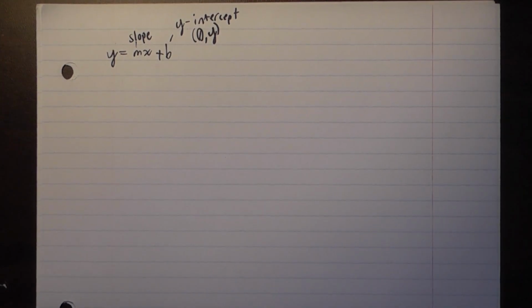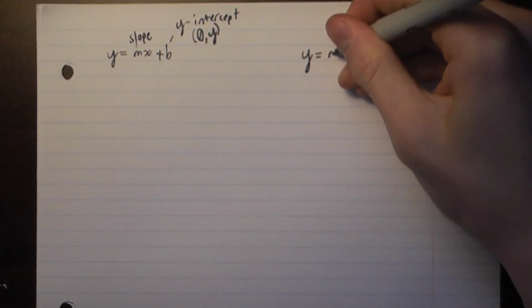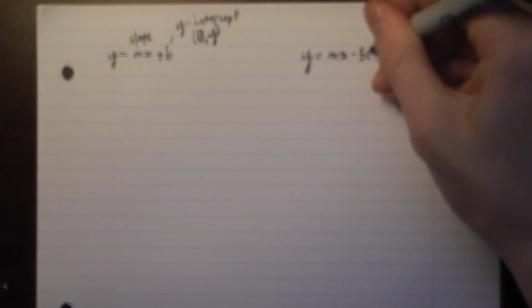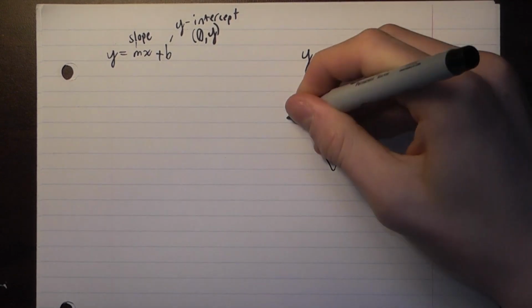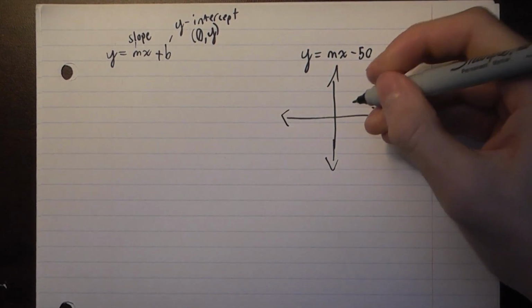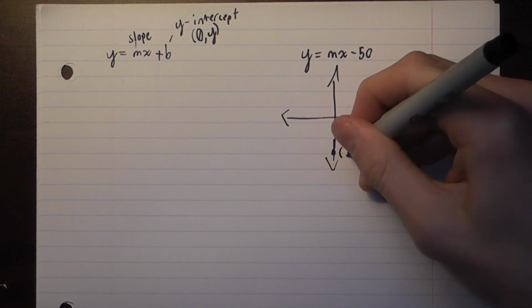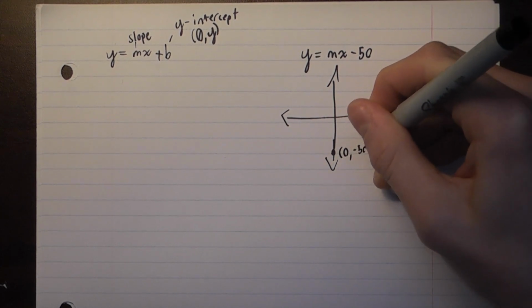The equation the question uses is y equals mx minus 50. So on a graph, that would look like, say here is 0, negative 50.